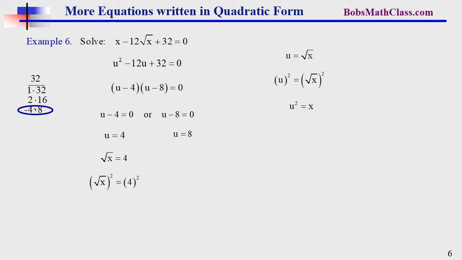Square root of x squared is x, and 4 squared is 16, so we get x equals 16. Now do the same thing on the right. Replace u with square root of x. Square both sides. Square root of x squared is x, so x equals 64. So our two answers are 16 and 64.